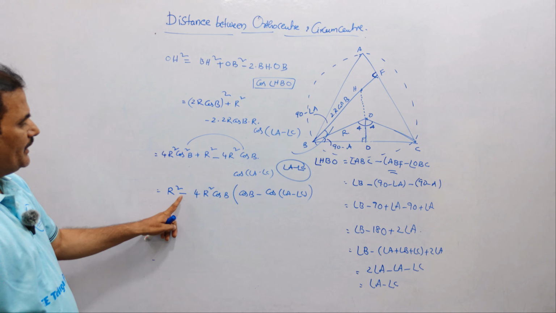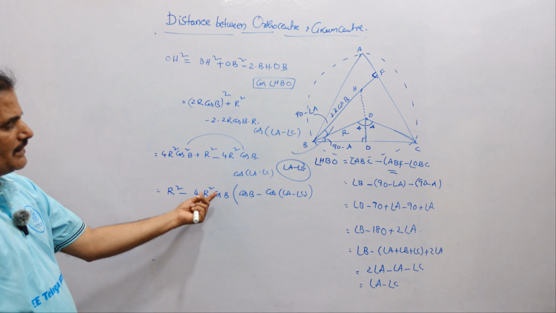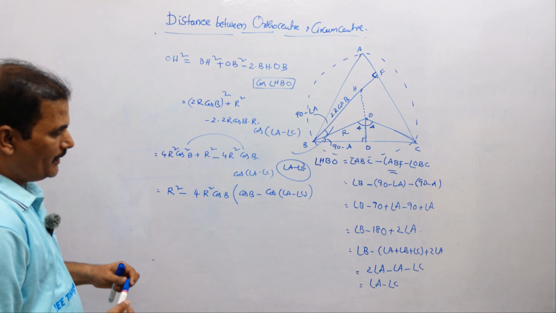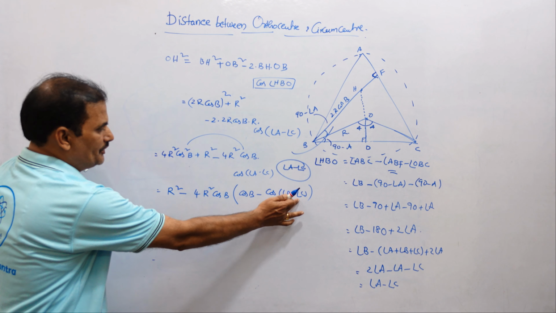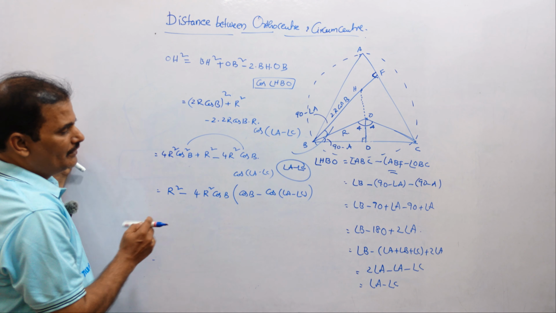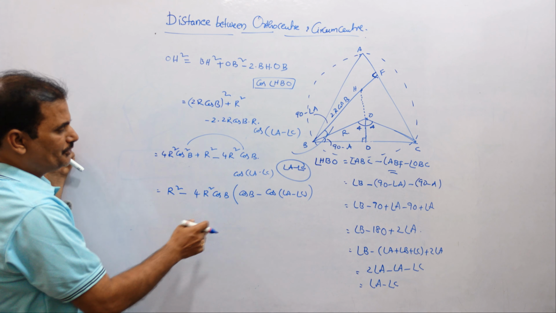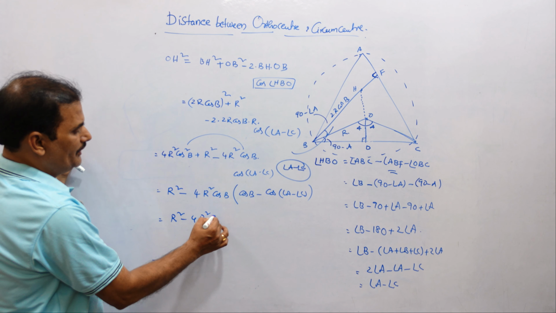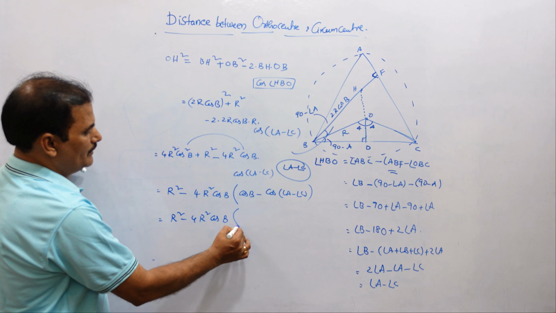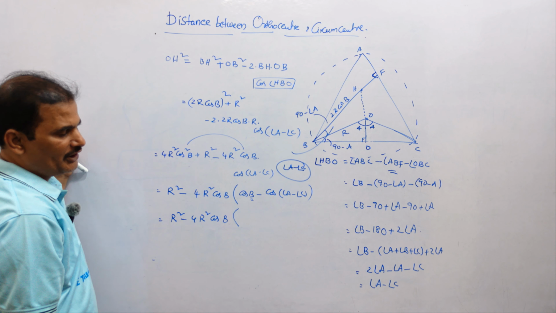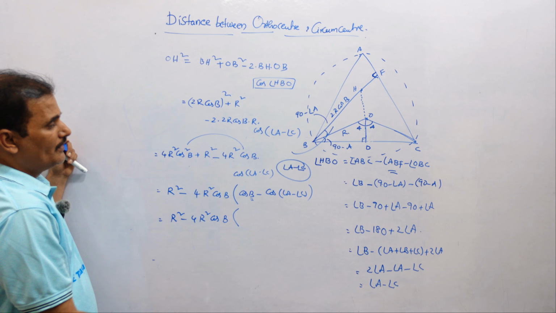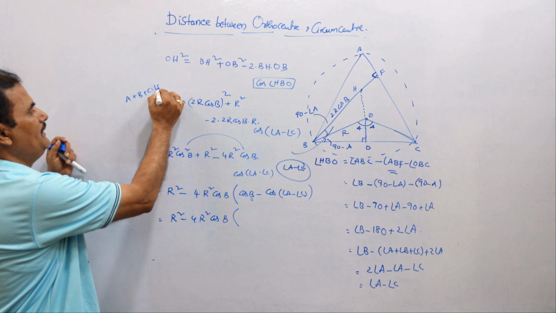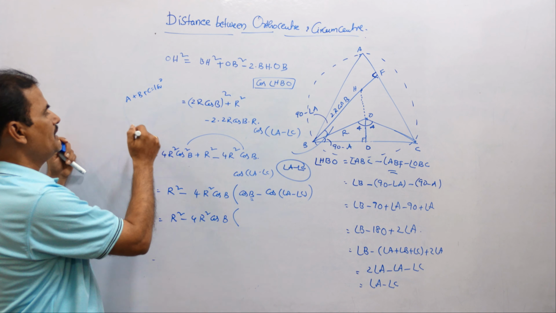R square minus 4R square cos B common, remaining cos B minus cos of A minus C. Now here cos of A minus C is there. We convert B in terms of angle A and angle C. See, A plus B plus C is equal to 180. We want B here.